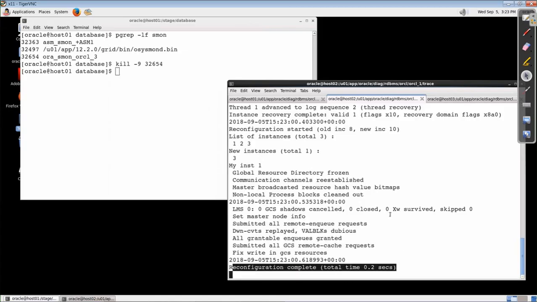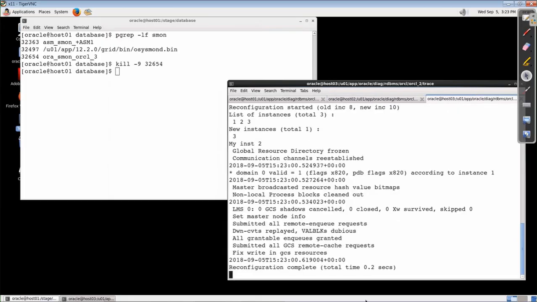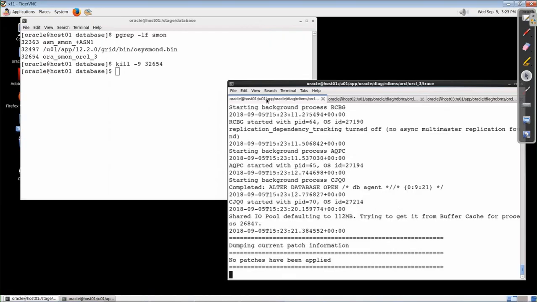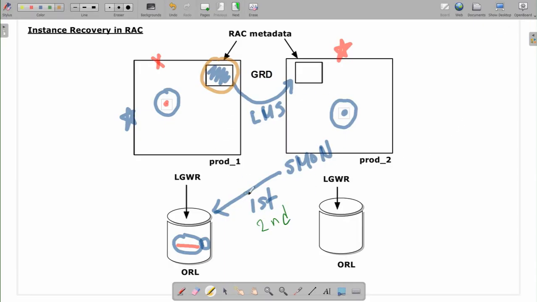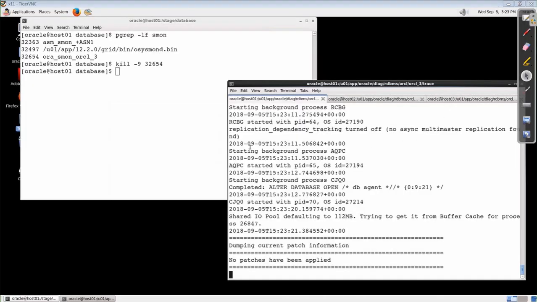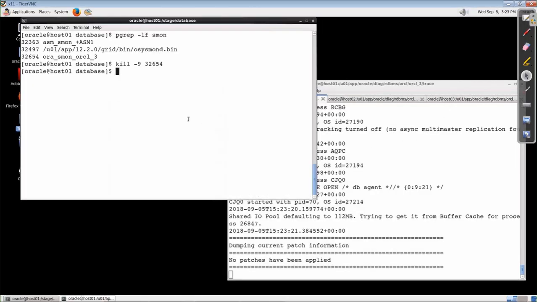As you can see, the instance recovery time, actually the metadata recovery time and reconfiguration time, took 0.2 seconds. Okay, so it doesn't take much time. It only takes less than 1 second. So practically this is not really a problem, but it's a good idea to understand the conceptual idea. So I just showed you a short demonstration. The SMON process came back because the clusterware detected a problem instance and restarted it.